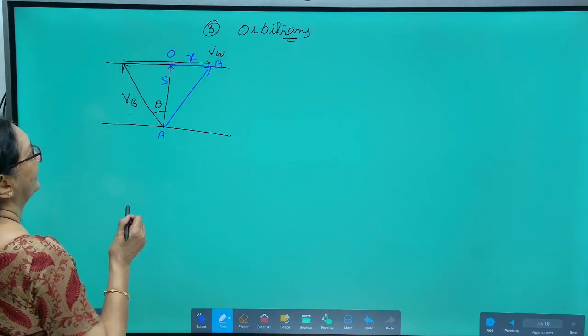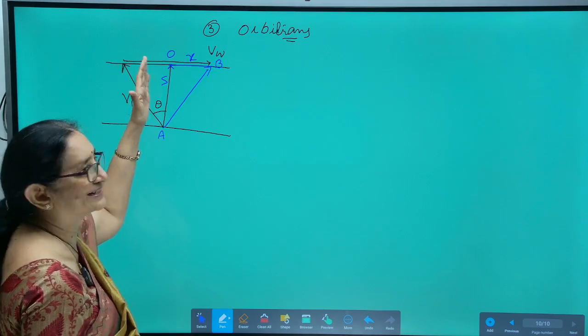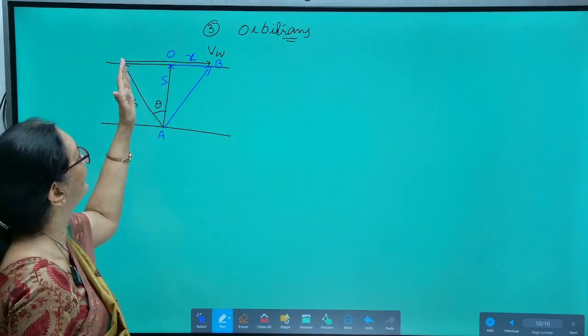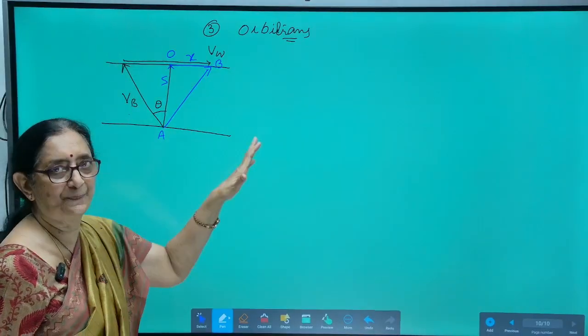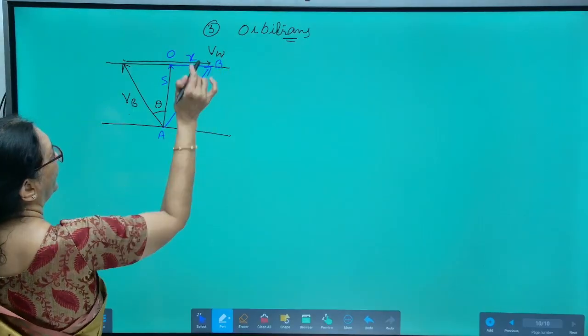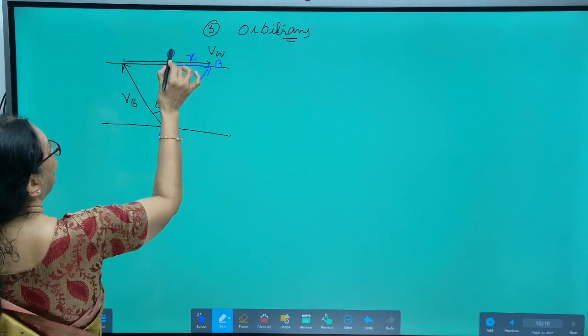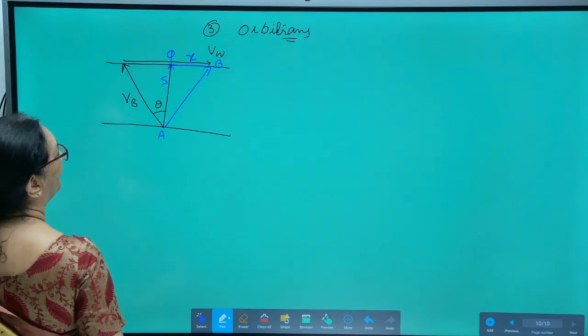But the water velocity is not exactly as he expected, it is more than expected. Then naturally the water pushes the boat forward because of its higher velocity. So, x is the drift of the boat.